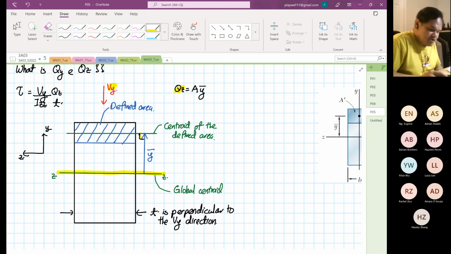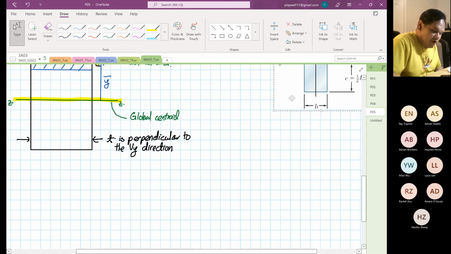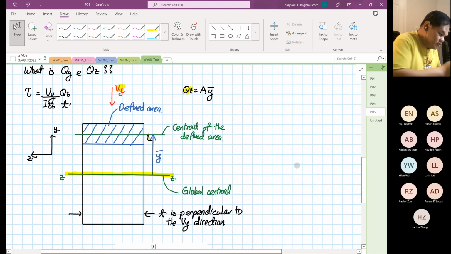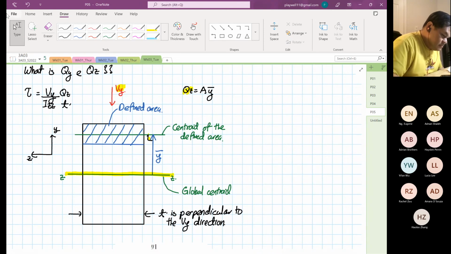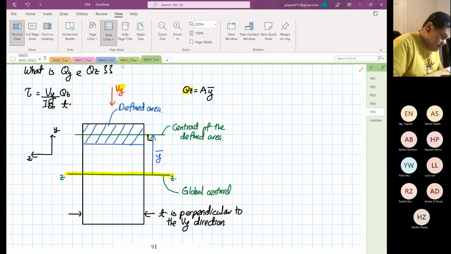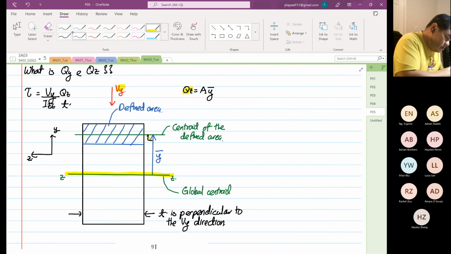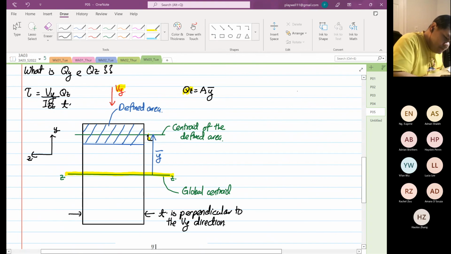Now let's look at the other formula. What if now the shear stress is equal to Vz over Iyy Qy divided by T.